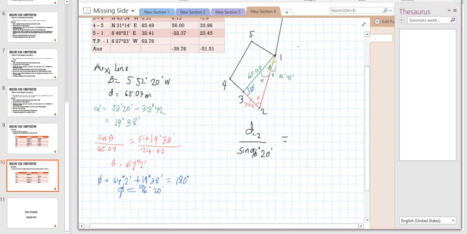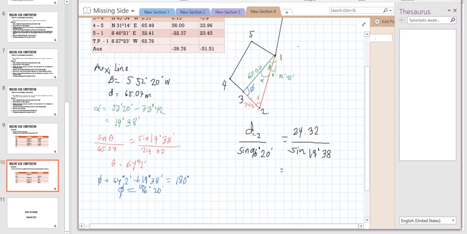Must be equal to the given, or we can also use this one, 24.32 divided by sine of alpha, 19.38.